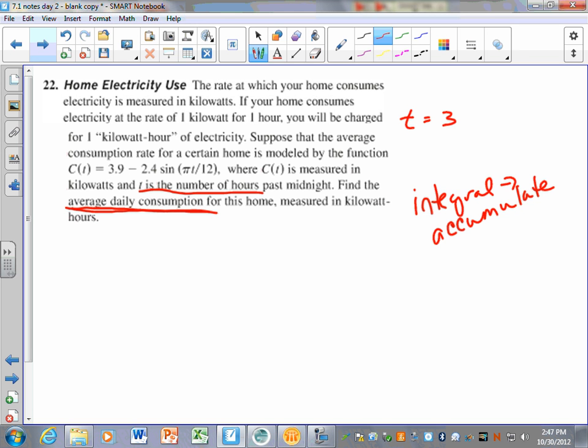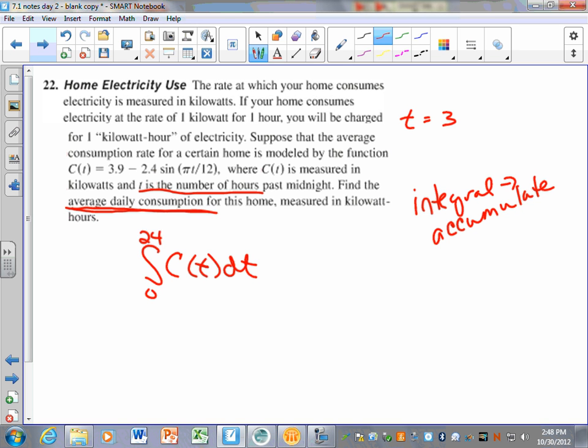So I can say the integral from 0 to 24 of this function is going to add up how much is used, not just for 3 in the morning or 4 in the morning or 5 in the morning, but for every hour in the day. So it's going to add all those up without me actually having to figure them.